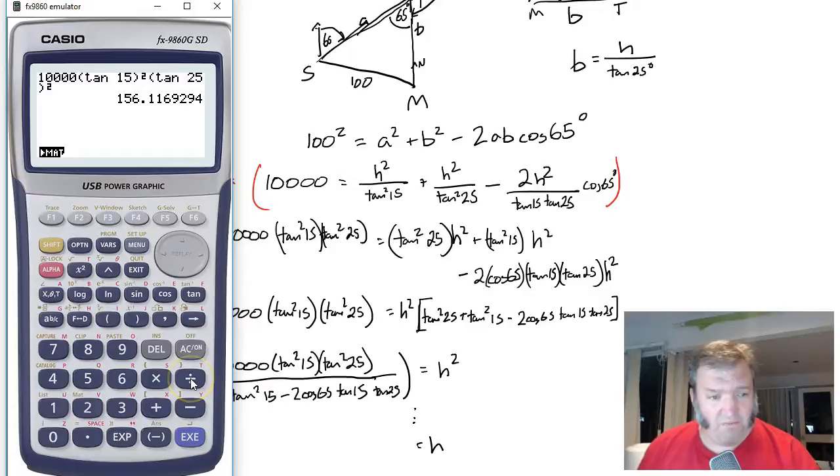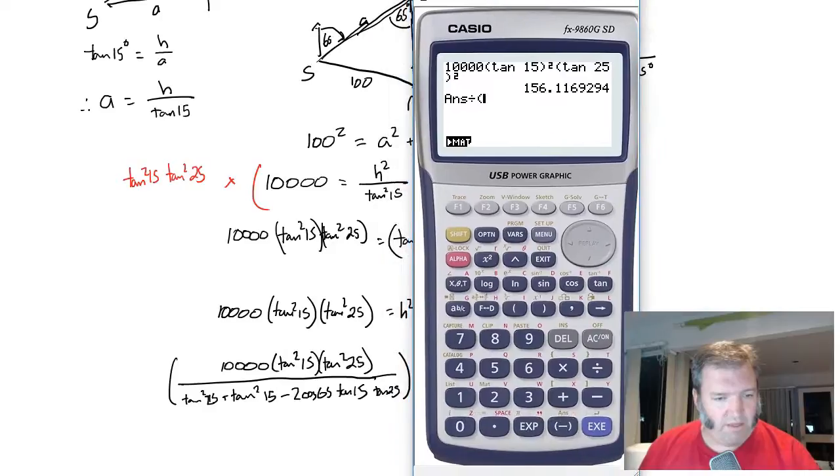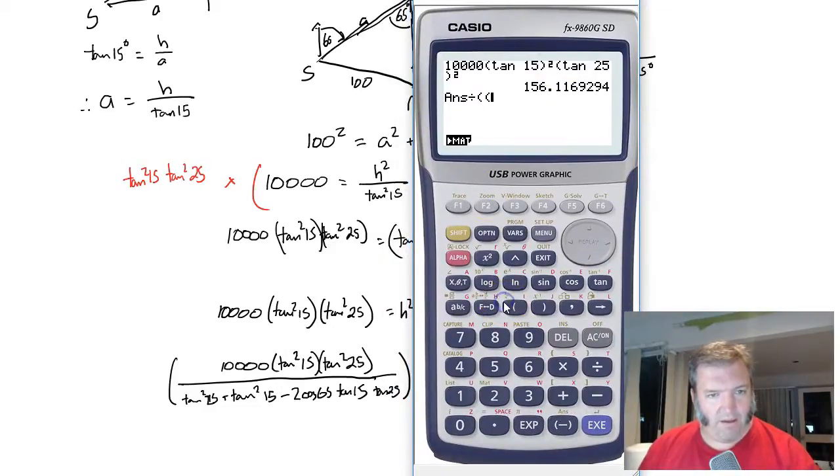156 and a bit. Fantastic. Doesn't really mean anything yet. We're going to divide it by that whole expression. I'm going to need some brackets here. Tan of 15 squared plus tan of 25 squared, minus 2 cos 65 tan 25 tan 15.